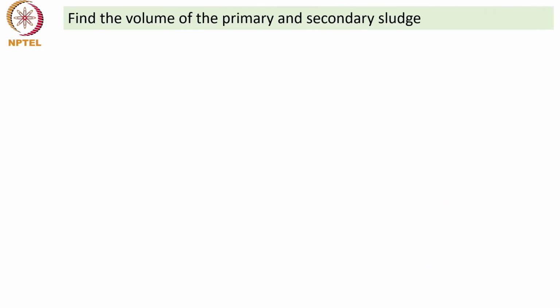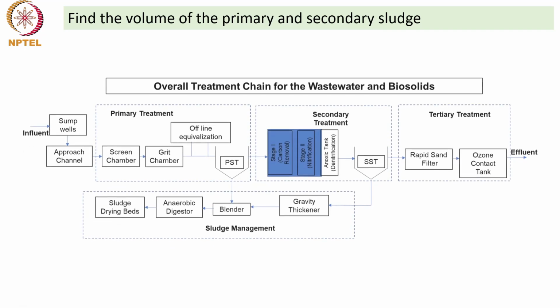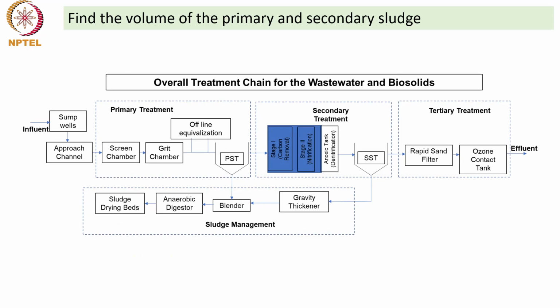So this one is not actually a part of your curriculum. I just wanted to explain something about a design work which I did for my coursework. We were given a task to design an entire treatment system, treatment unit for our locality.